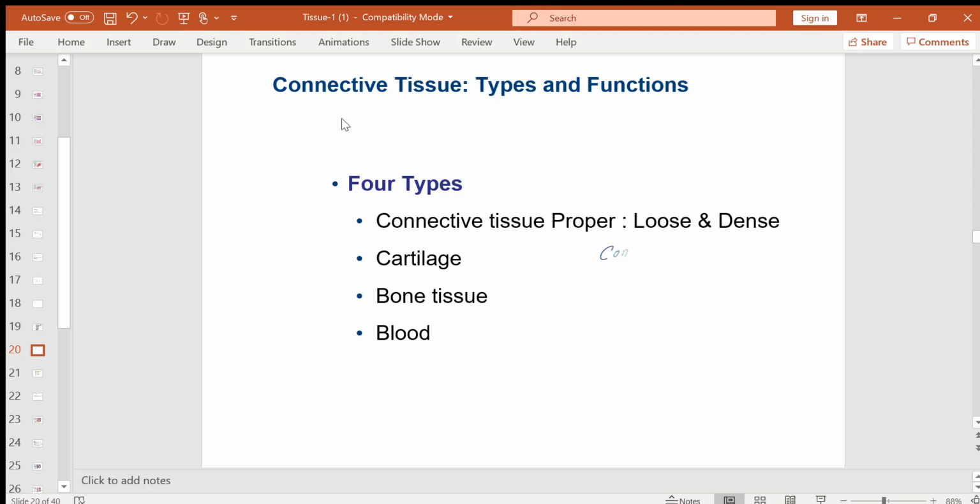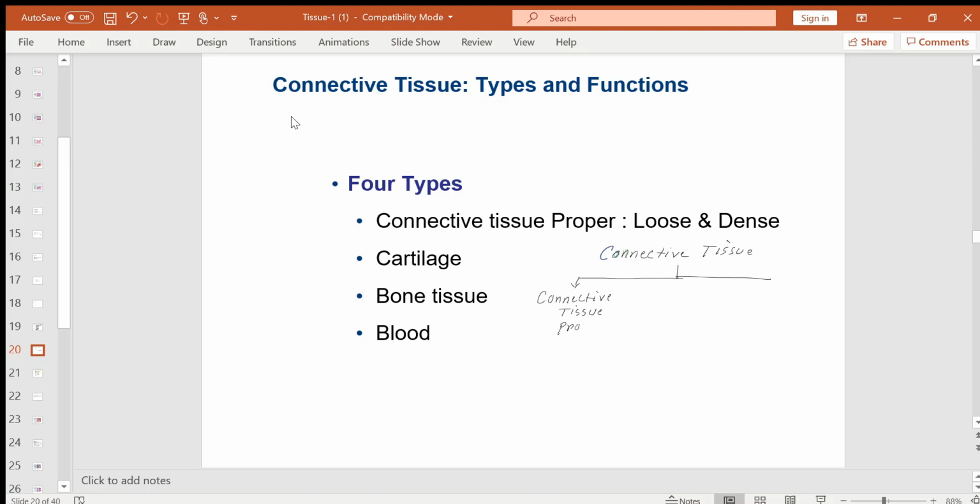Classification of connective tissue: first we divide the connective tissue into connective tissue proper, this is the main type.